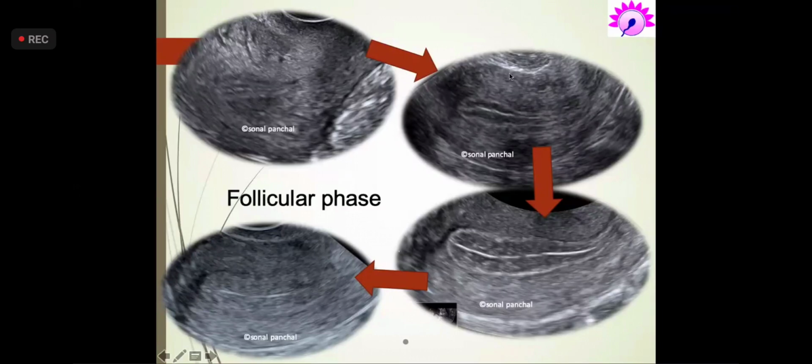And this morphology is achieved when the estrogen level is almost equal to one mature follicle, about say 100 to 300 picogram per ml. I know the normal level is about 150 to 200 picogram per ml per follicle, but up to 300 picogram you will still get a grade B endometrium.